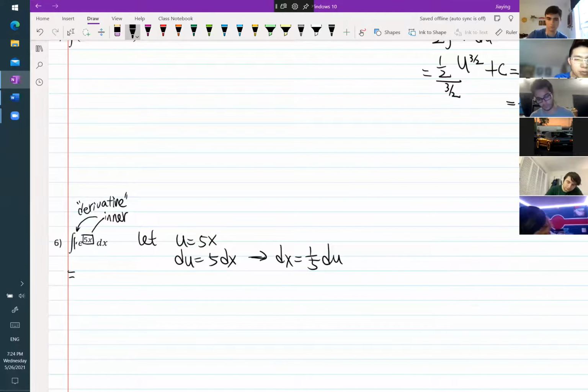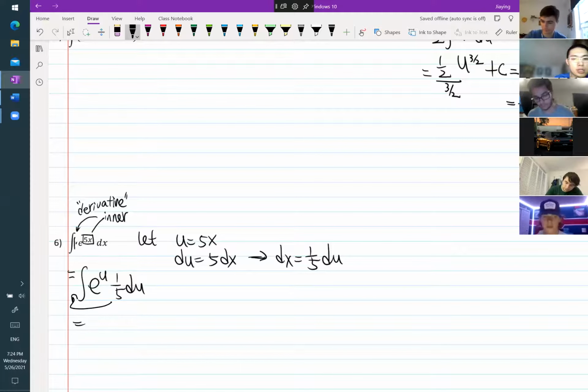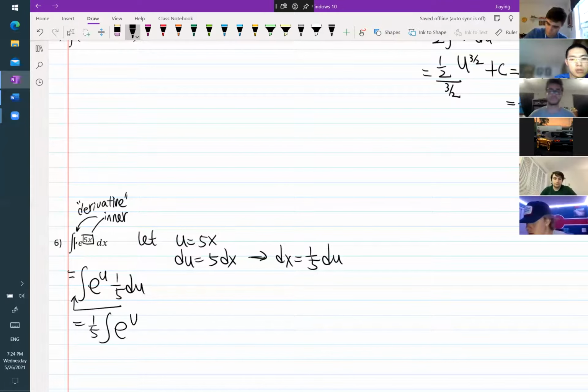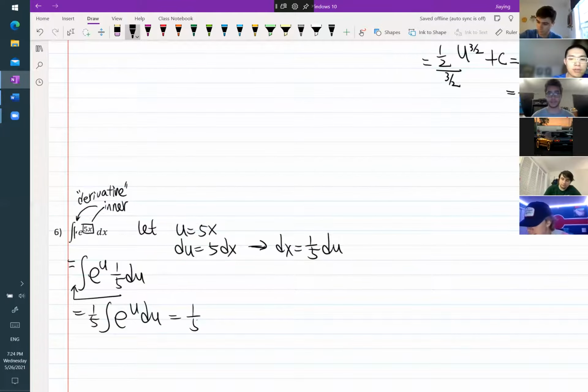So this integral becomes integrating e raised to the u now, and dx is 1 over 5 du. And then the 1/5 can go to the front. So I got 1 over 5 integrating e to the u du. I'm pretty sure you all know what e to the u is when you integrate it. So we get 1 over 5 e to the u plus the c.